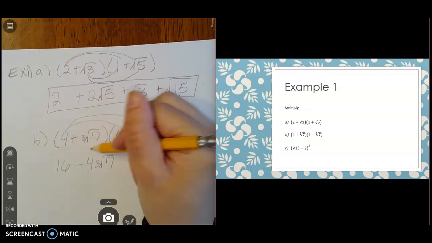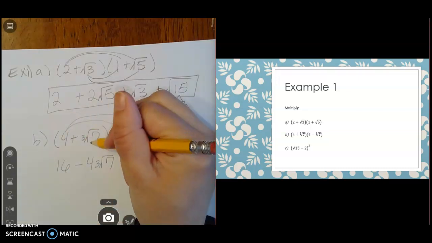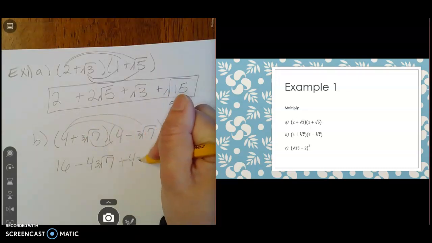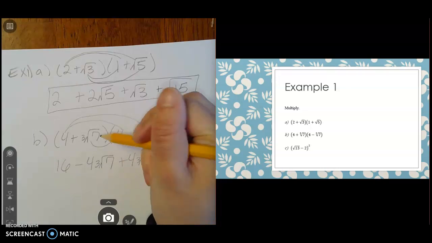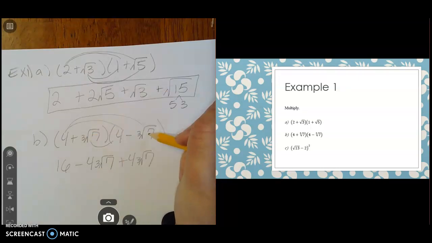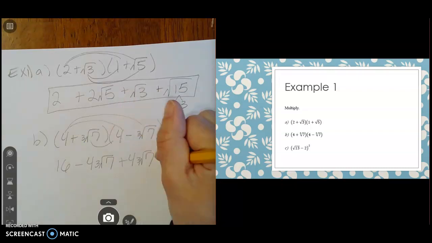Then I'm going to do this cube root of 7 times both terms. The cube root of 7 times 4 will be a positive 4 cube root of 7. And then the positive cube root of 7 times the negative cube root of 7, I'm going to do outside times outside. So 1 times negative 1 will be a negative 1.